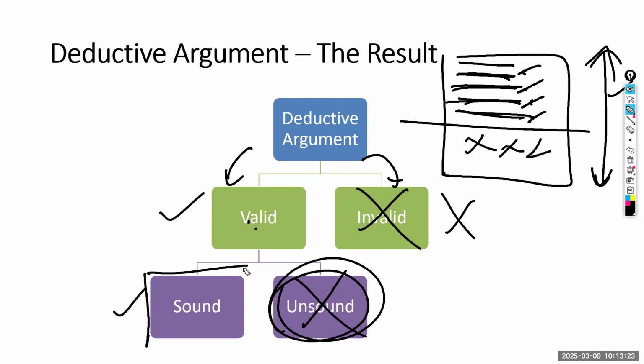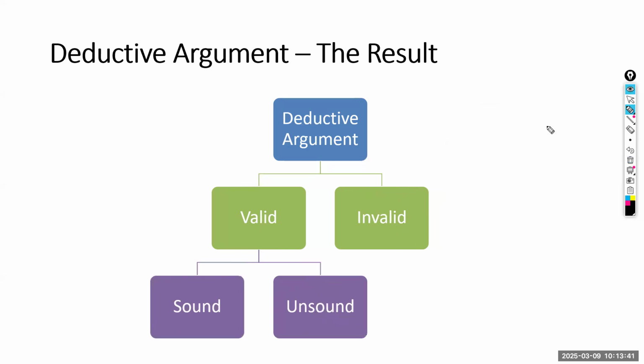So what we appreciate is sound arguments. Or you can start from the other side: first check whether the assumptions are correct, and only then check whether the argument is valid. You can do it whichever way you want. If the argument is valid and the assumptions are correct, that is a sound argument.